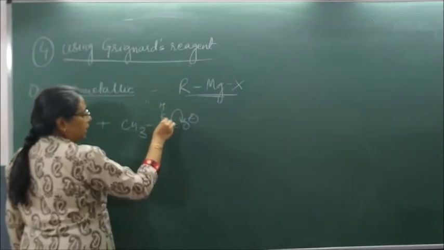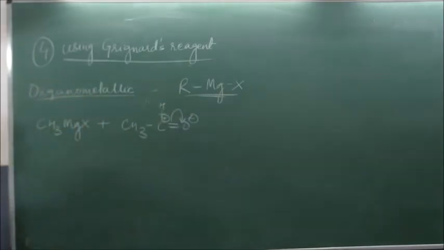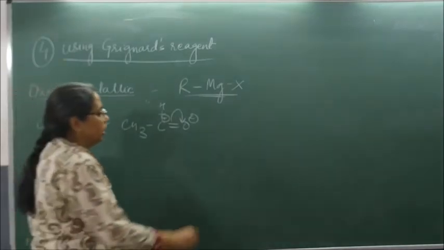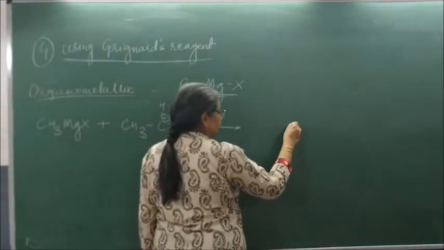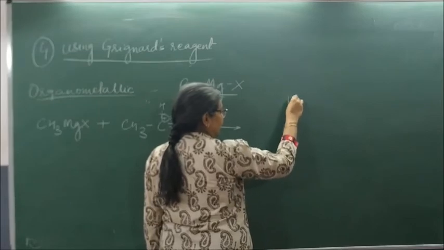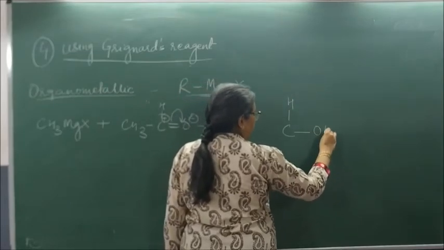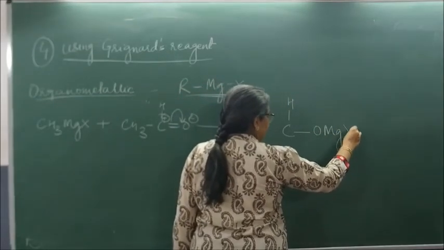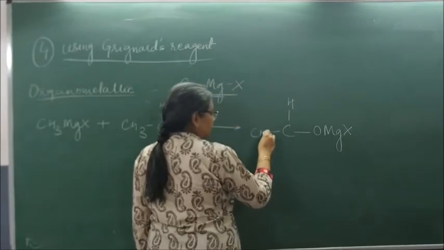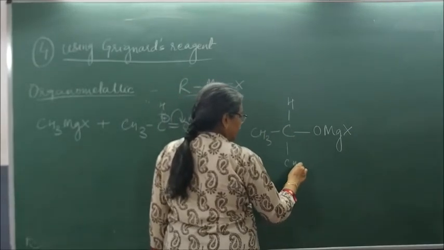This becomes negative charge and this is what charge? Positive charge. So I get an adduct which has C, which has an H, which has O, MgX and you have CH3 and CH3.